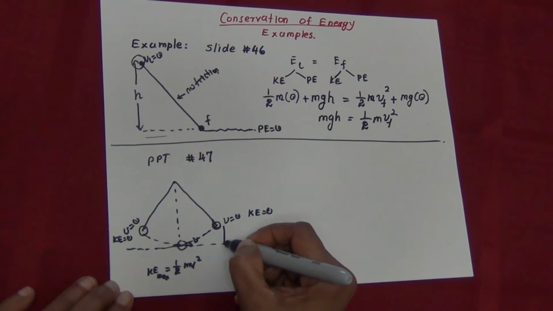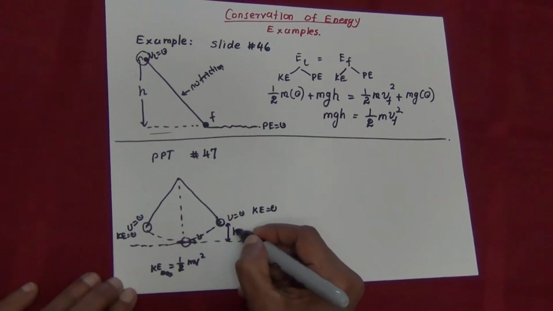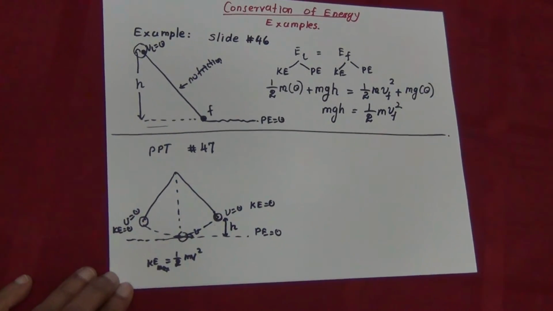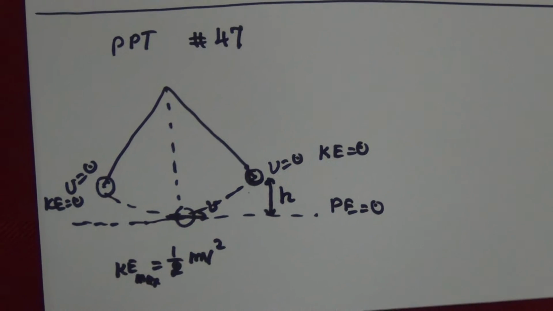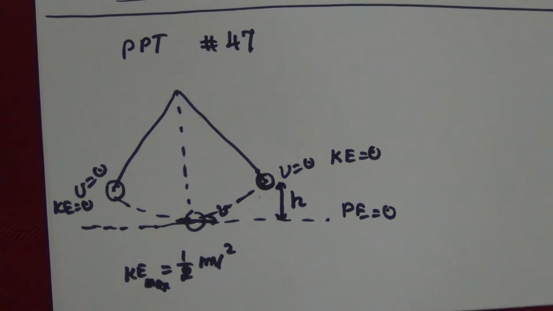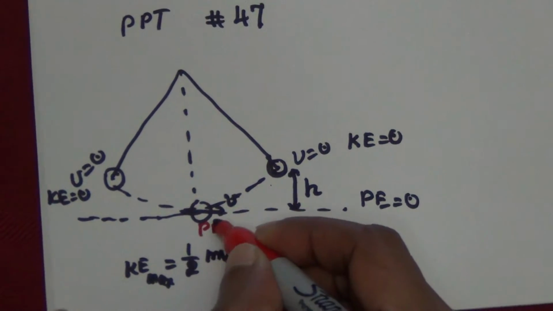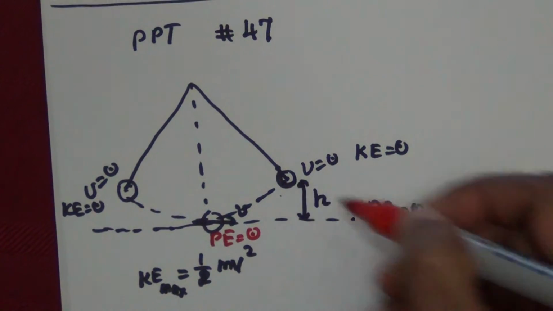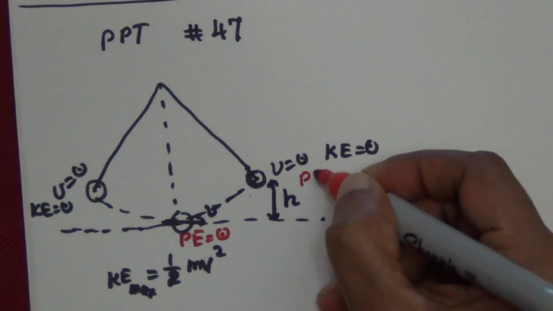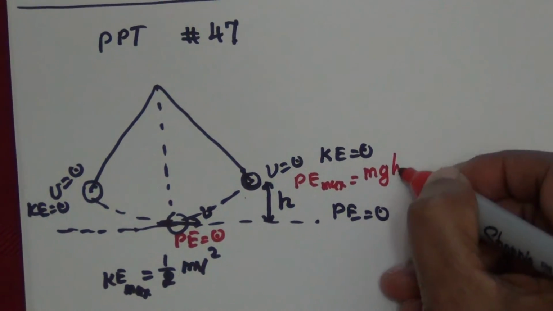Let's take these at the end, the bob is at height h, right? So what can you say about the potential energy now? You can see here this is the zero potential energy, so the potential energy is zero. But this is the maximum height. So the potential energy, which is actually maximum, is mgh.